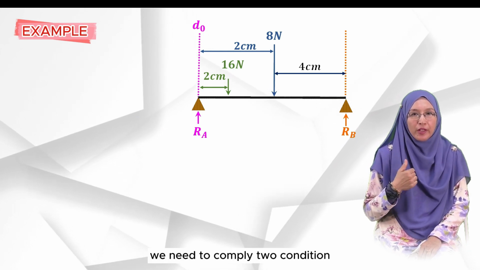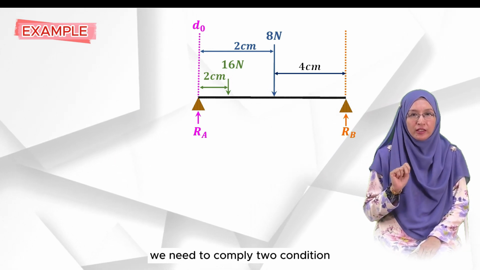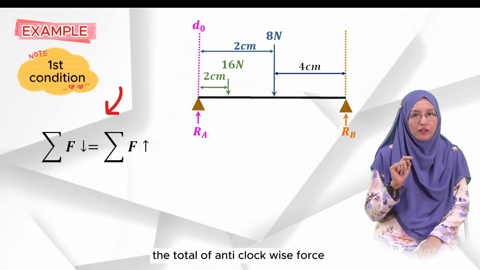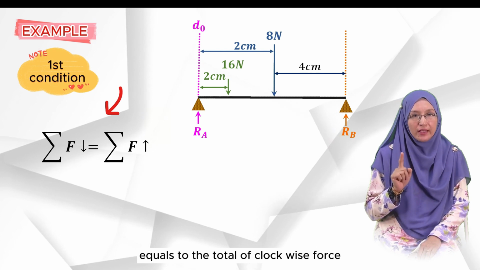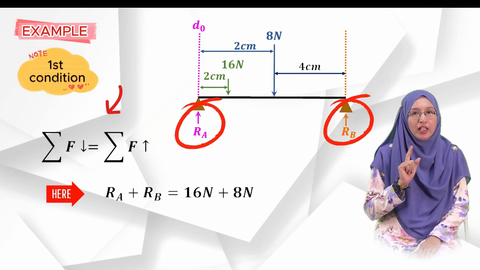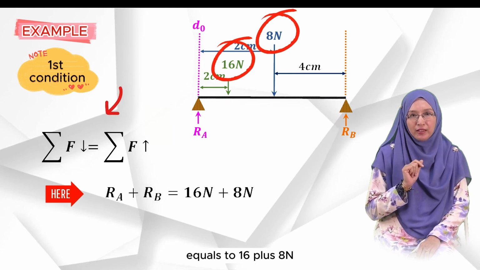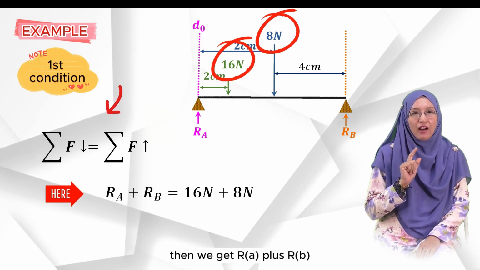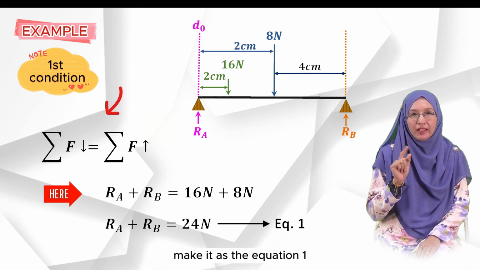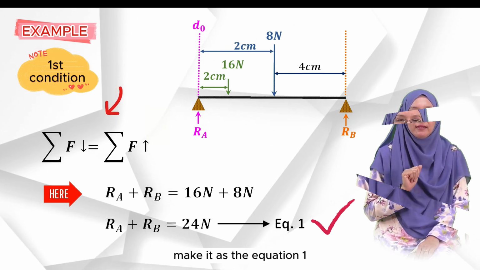First of all, we need to comply with two conditions. The first condition, the total of anti-clockwise force equal to the total of clockwise force, which is here RA plus RB equal to 16 plus 8 Newton. Then we get RA plus RB equal to 24 Newton. Make it as equation 1.